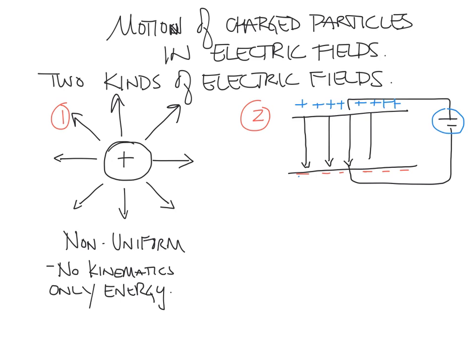You'll notice that the spacing of the field lines between these two plates is uniform. So this is a uniform field. And in this case, we can use both kinematics or energy equations.